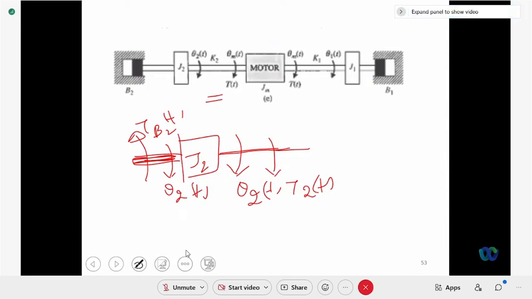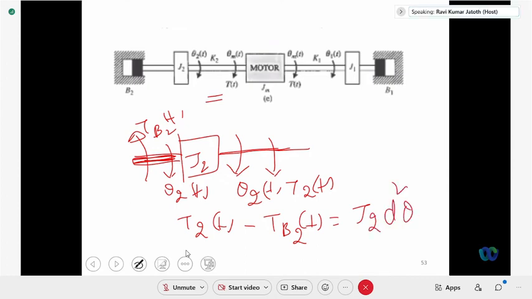Tell me the equation now. T of t minus TB2 of t minus TK2 of t is equal to J2 d square theta 2 of t by dt square. This term is extra now here, right?